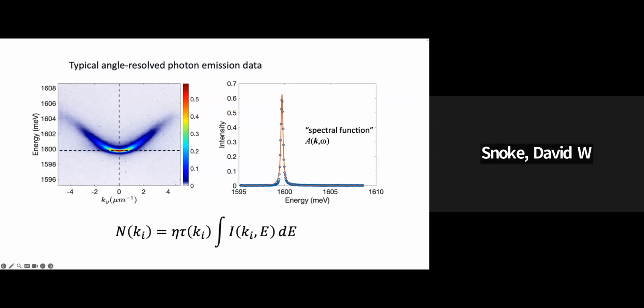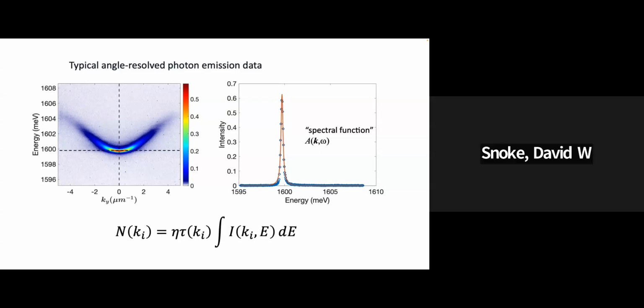And so you can immediately learn about the occupation number. You can learn about their lifetime broadening and also coherence from line narrowing if you take a cut in this vertical direction.